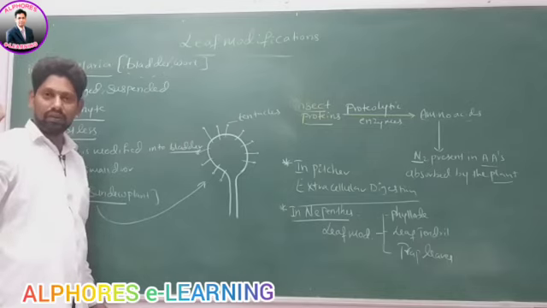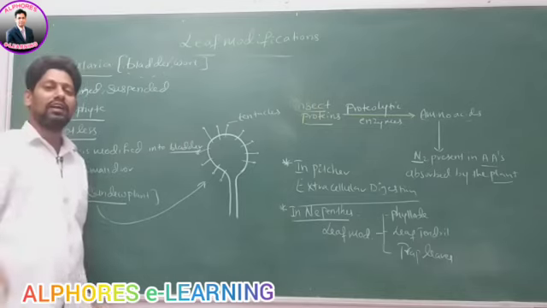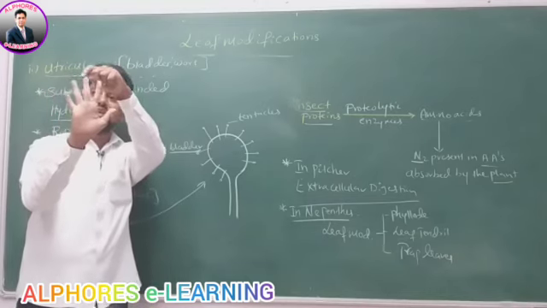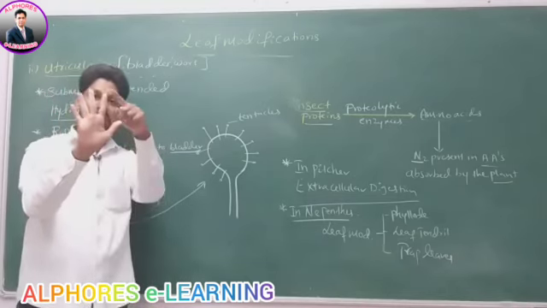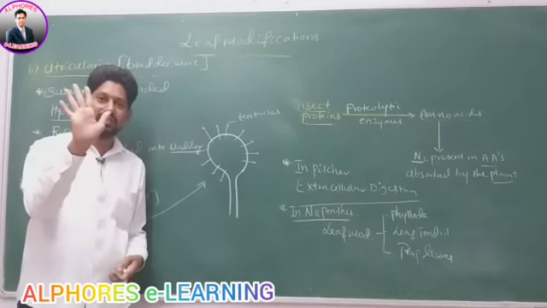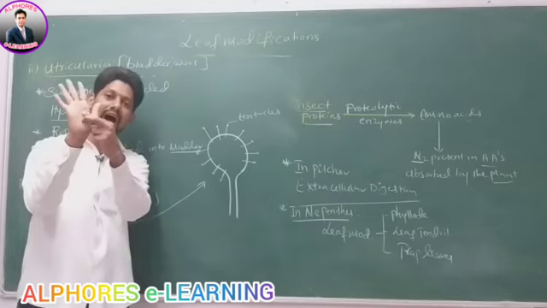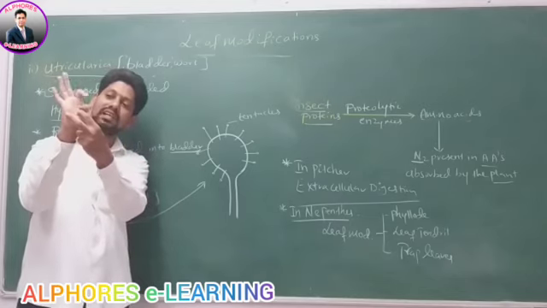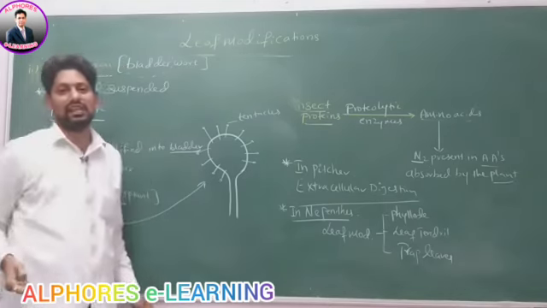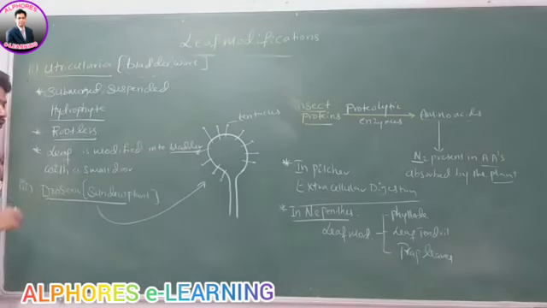For example, if this is the leaf lamina, these are the tentacles. The tentacles are going to hold the insect. This is in the case of Drosera. Now go for number 4, the fourth one.